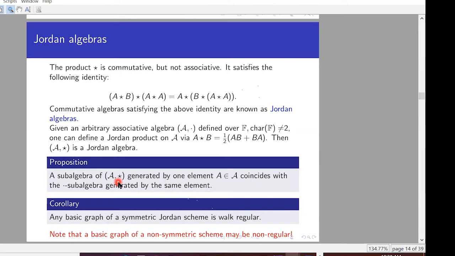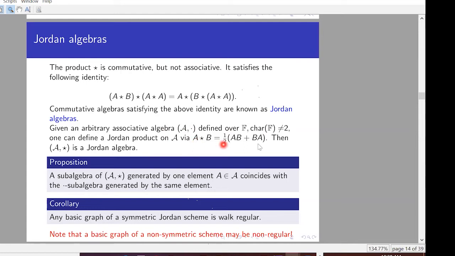So the Jordan product is commutative, but not associative. It satisfies this identity, and commutative algebras satisfying the above identity are known as Jordan algebras. Now, from any associative algebra, I can construct a Jordan algebra if the characteristic is not 2, in the same manner that we did for matrix algebra.